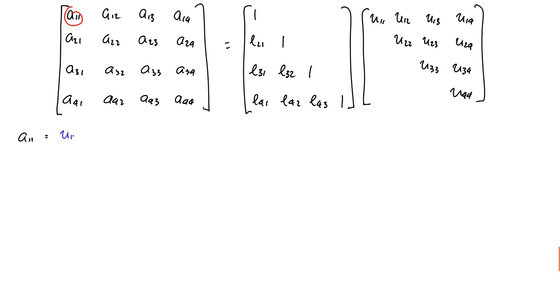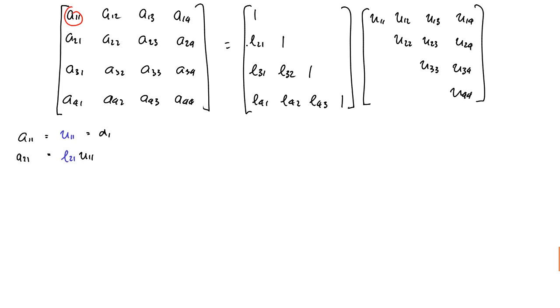I'm going to write down the variable that we haven't yet seen in a different color. So our first equation allows us to solve for U11 directly. That also equals D1 if we're computing the D factors too. A21 is equal to L21 U11.